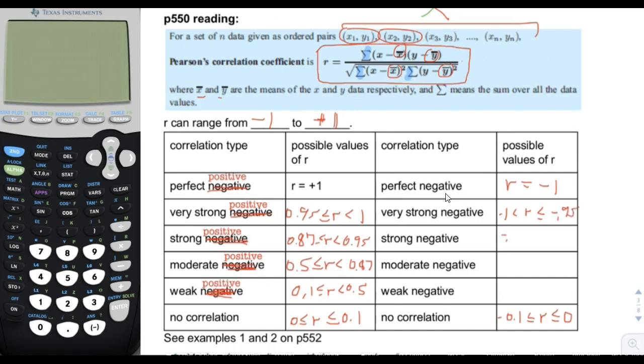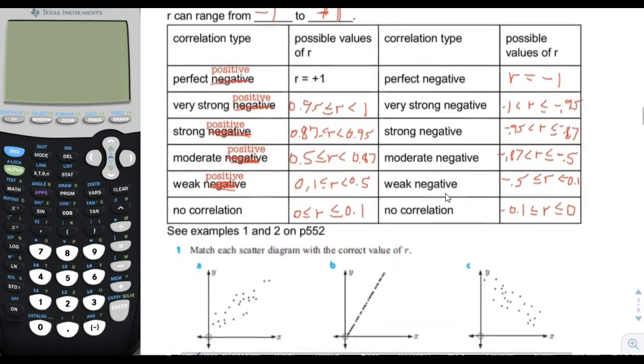And then you're going to have 0.87, negative 0.87, right? And then you're going to have 0.5, and here this is negative 0.5. Do you see how this goes? It's just the opposite of the other side. It's negative 0.1. Alright?